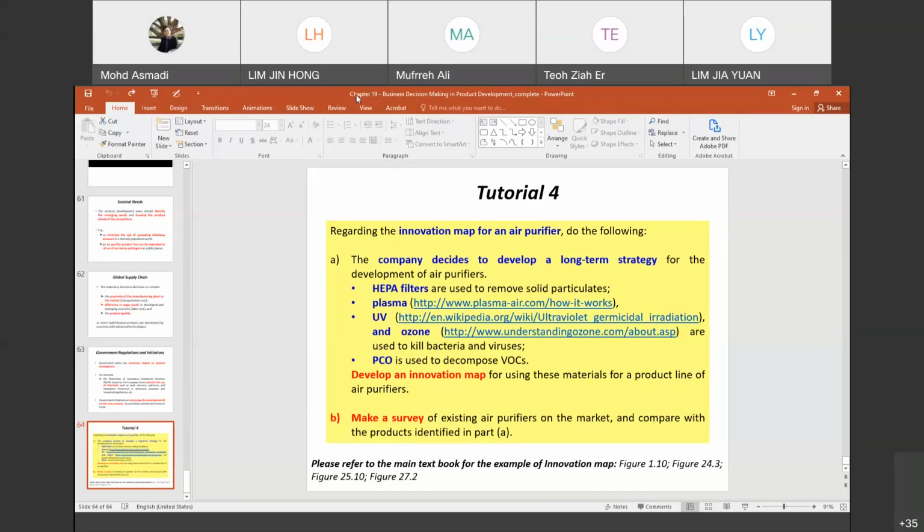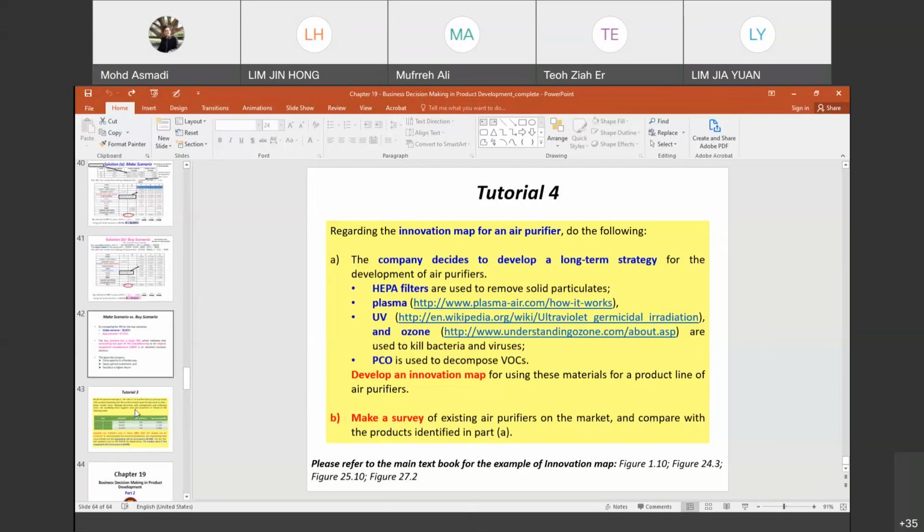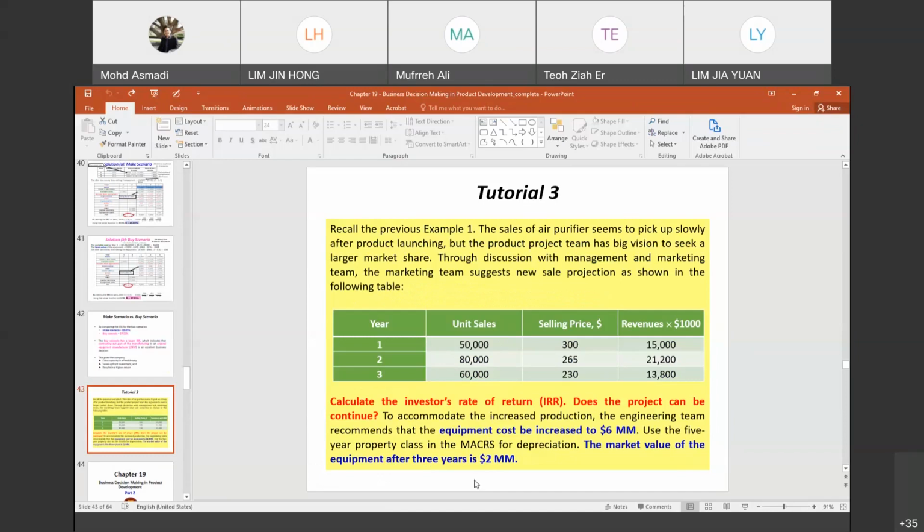Another question. For the fixed value, it should be only the first year sales, right? Could you go back to the last tutorial answer?